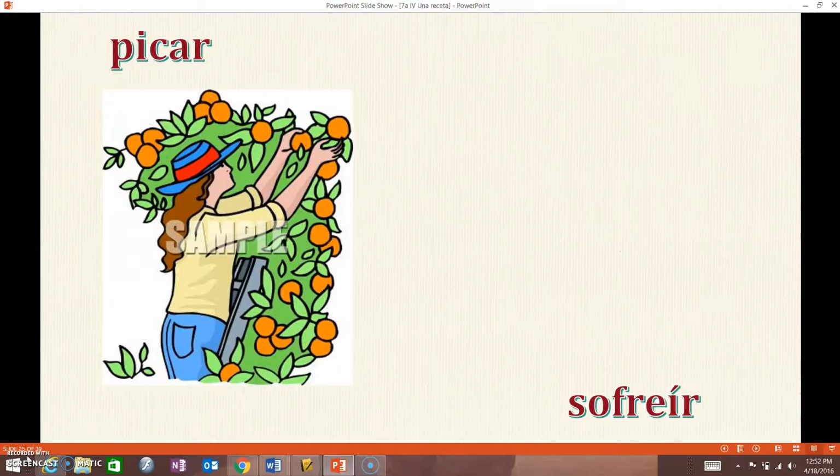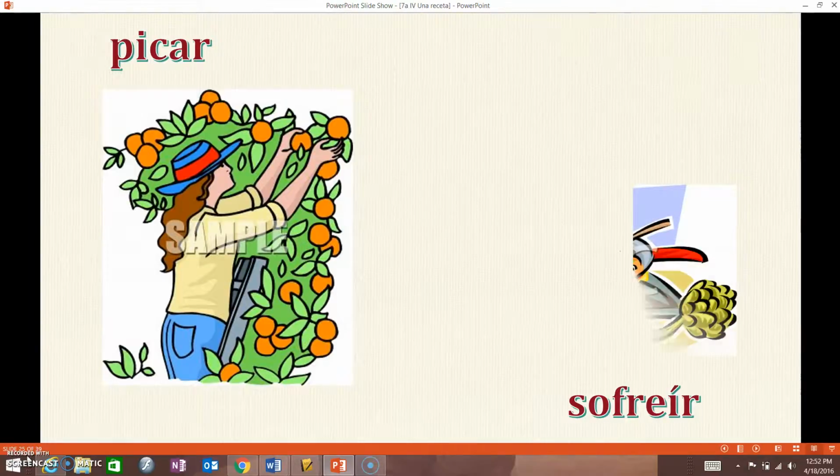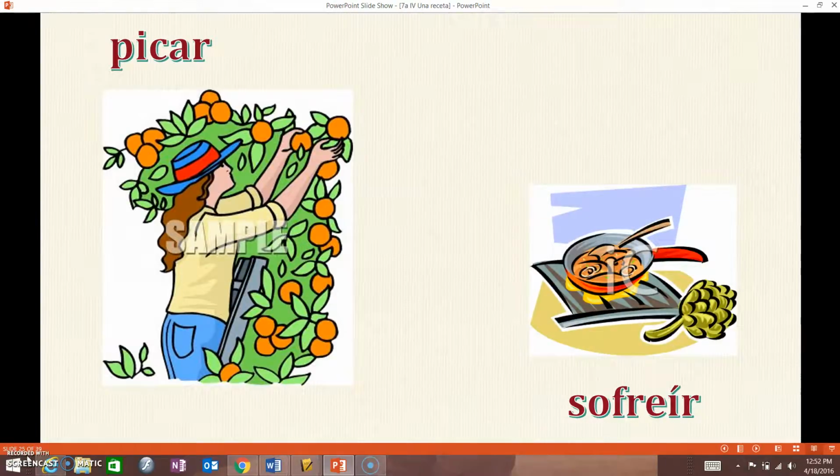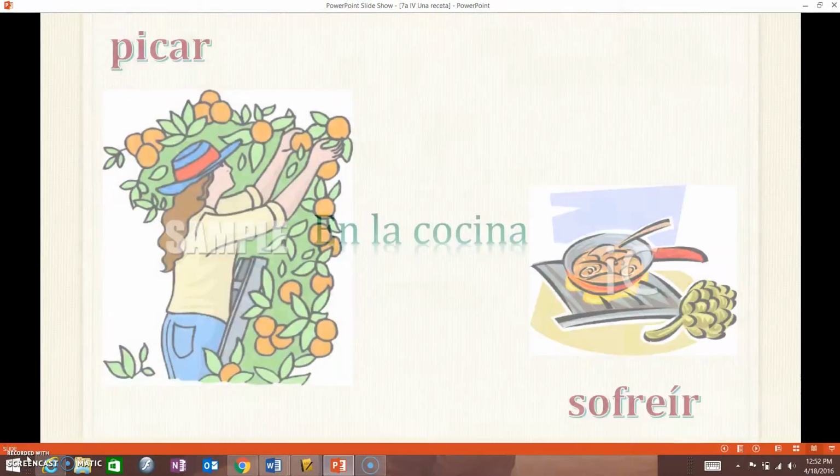So you can use this to pick as in picar una fruta, to pick a piece of fruit, or como picar, como cortar. Sofreír, to sauté, es como usar aceite en la estufa para cocinar. When you use a pan on the stove, you sauté something on the stove with oil.